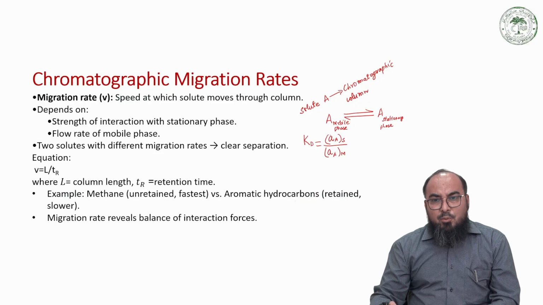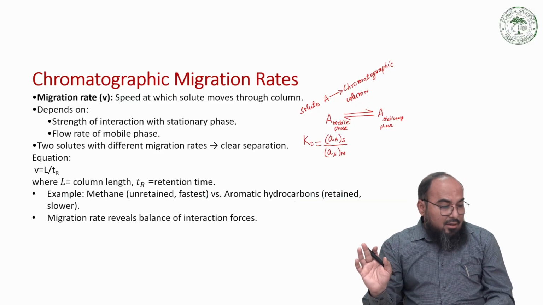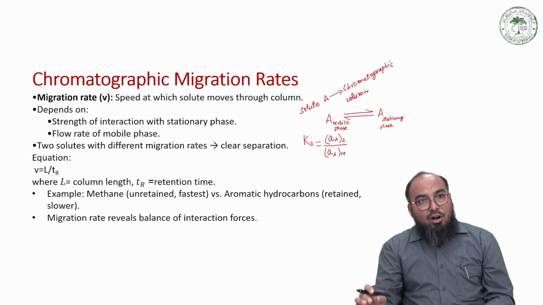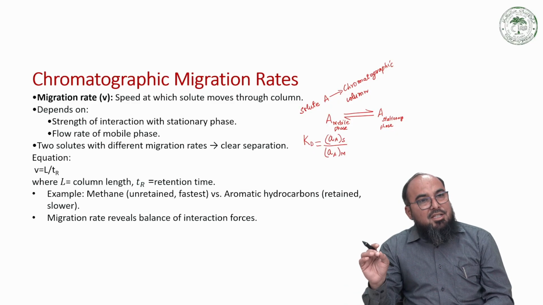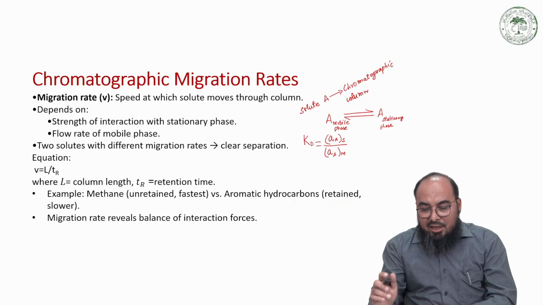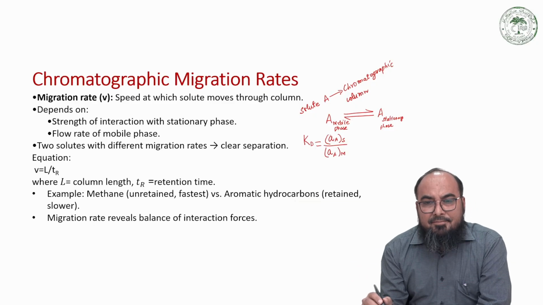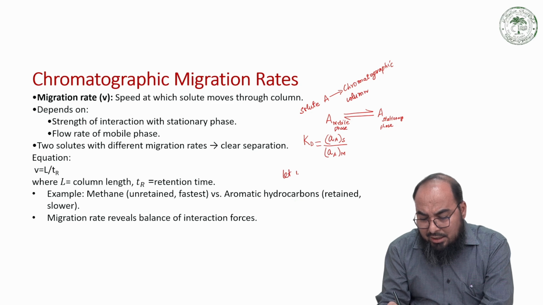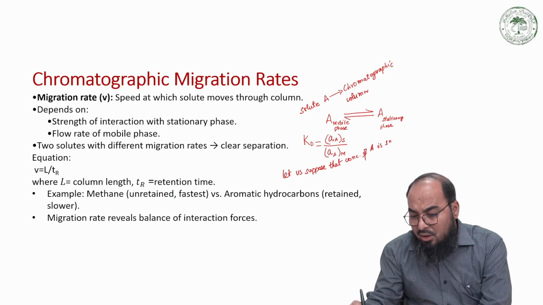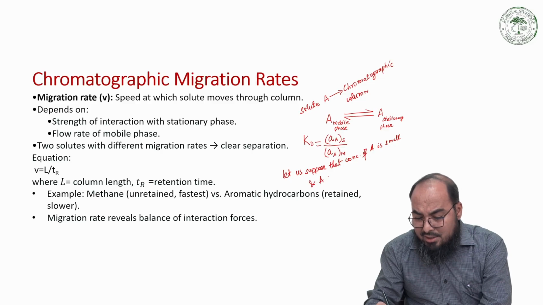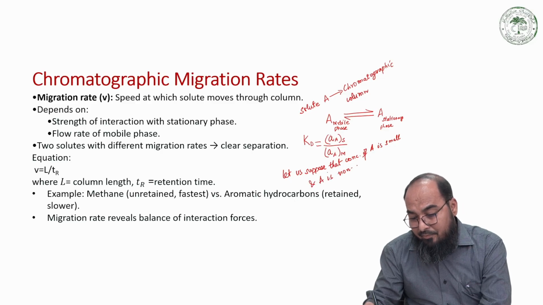So at this point of time, this migration of solute A is being done in the stationary versus the mobile phase. Now let us suppose a case that the concentration of A is small and A is some non-ionic species.